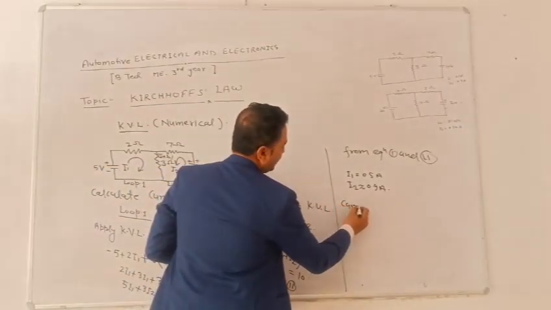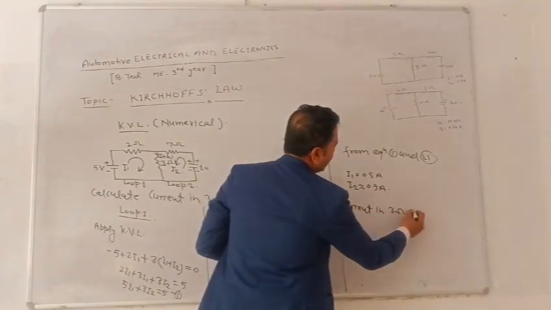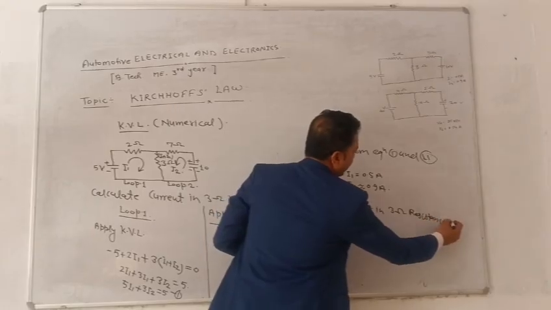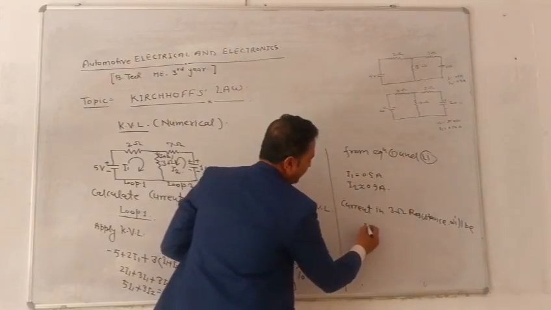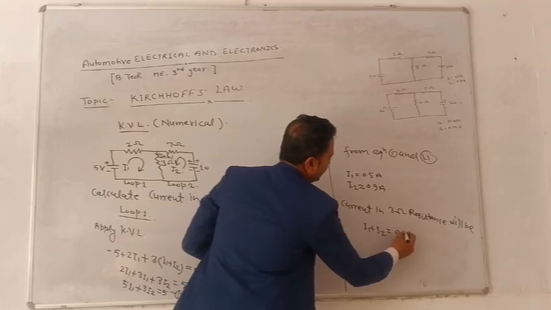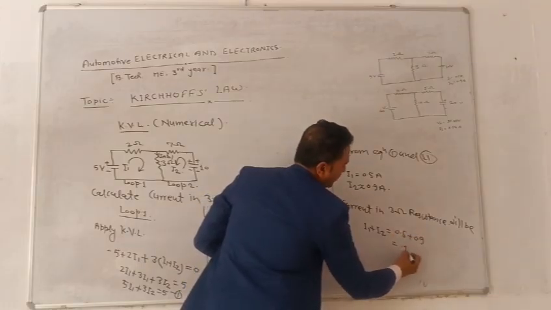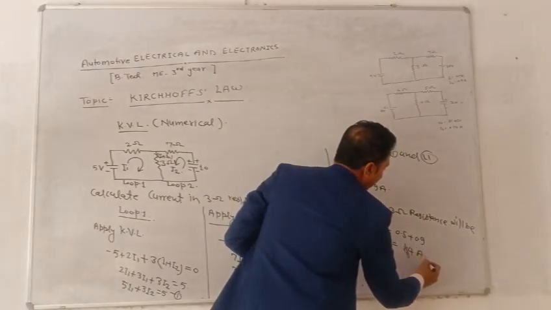So current in the 3 ohm resistance will be I1 plus I2 is equal to 0.5 plus 0.9 is equal to 1.4 ampere.